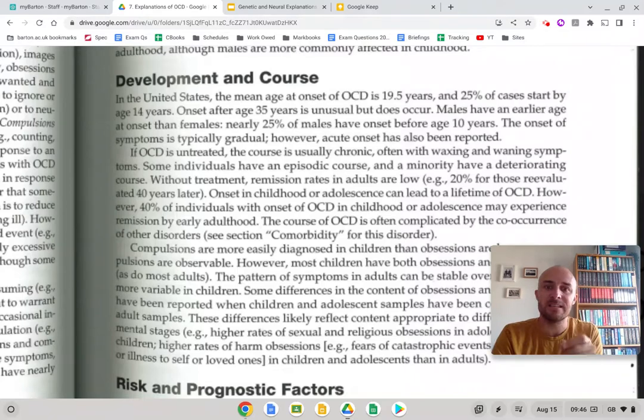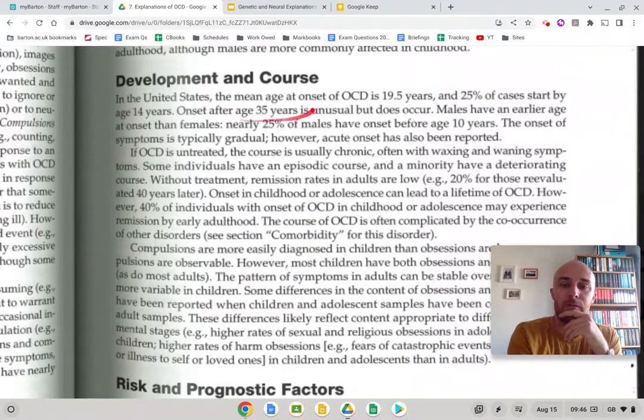And you can kind of see that when you compare it next to OCD. OCD is brutal, or it can be brutal. It's relatively common for people to be institutionalized, especially if they're young and they get OCD. It doesn't tend to occur after 35 years, but it's unusual.